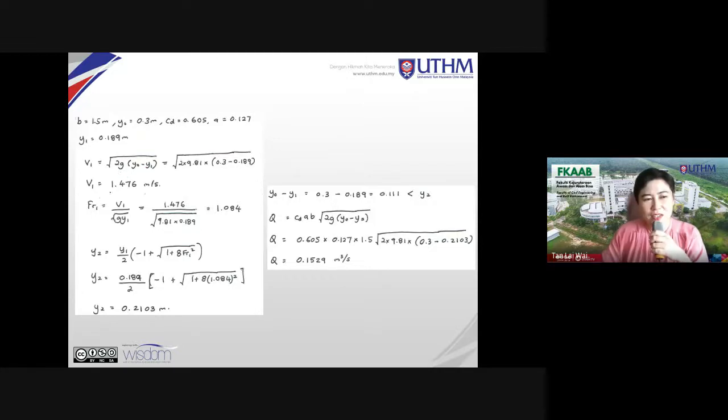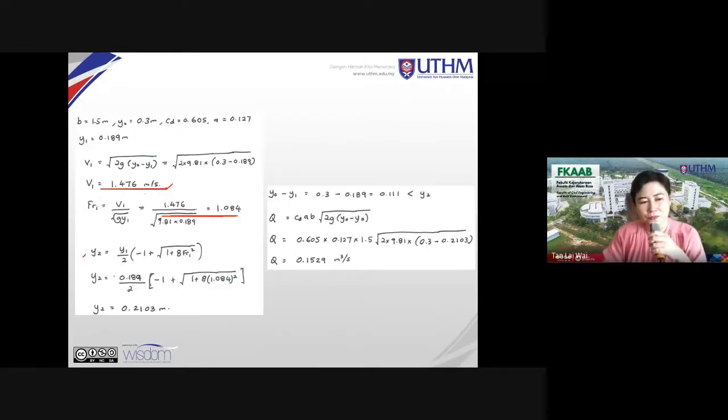Once you find v1, you can find the Froude number using v divided by square root of g y. This is supercritical, it's greater than 1. And of course, if there's a hydraulic jump, then you can use this equation. When you are using this equation, the Froude number is always the upstream Froude number, which is always supercritical, meaning it must be greater than 1.